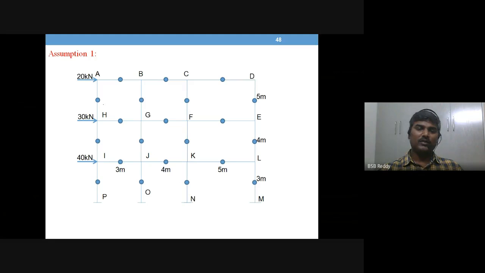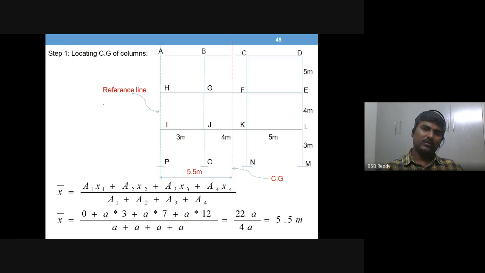Going to the second assumption, it says the column axial stress is proportional to the distance of that column from the CG line of all the columns.